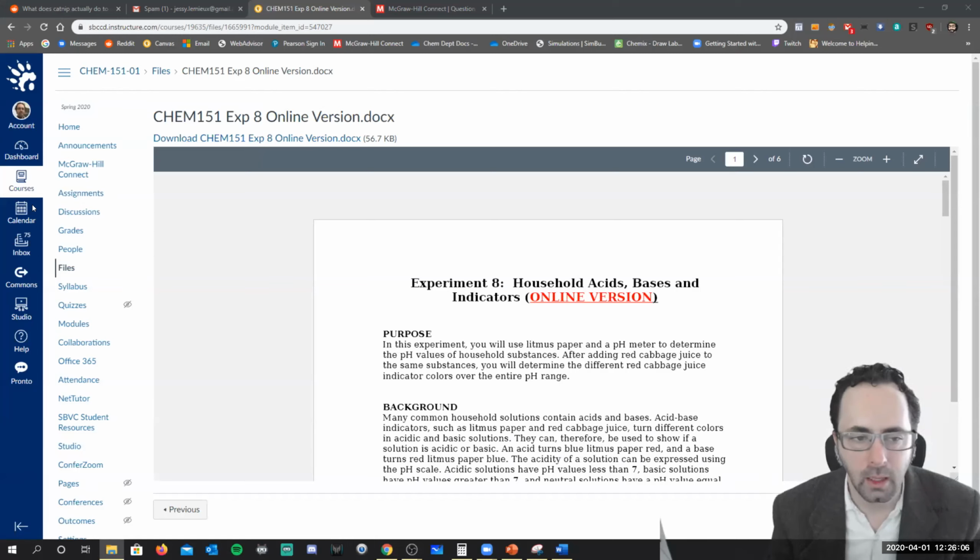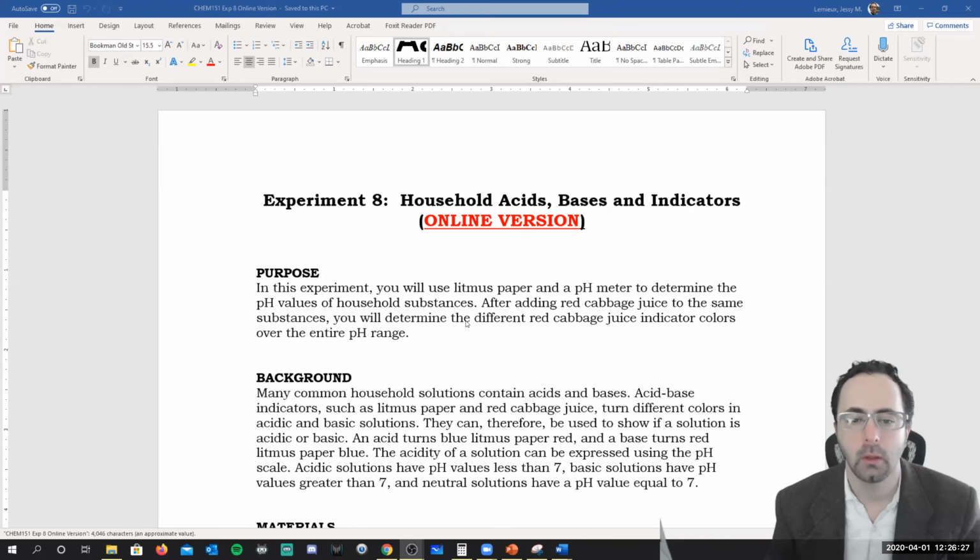Now, experiment 8, you probably want to wait till after the test to do it, but I did want to get you started because you'll be doing the test and then you'll probably do it after at some point. Okay. So here's experiment 8.